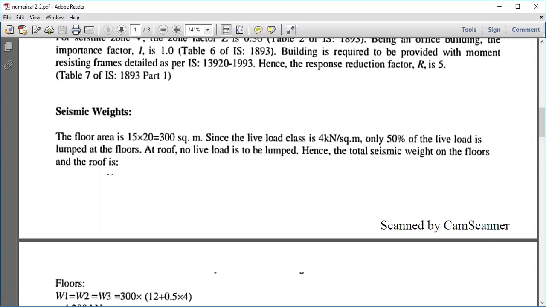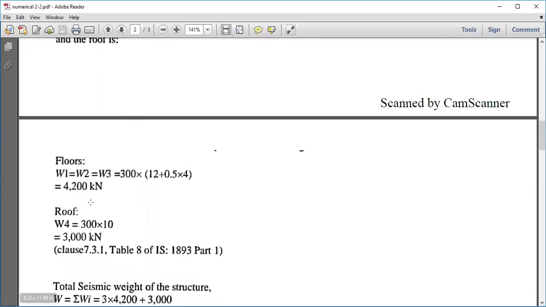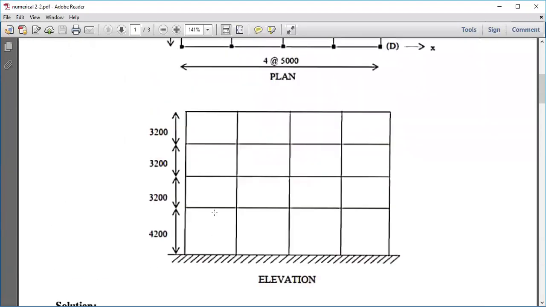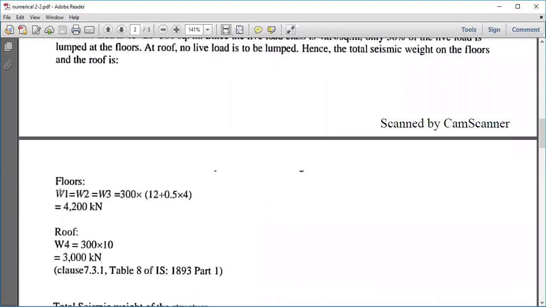And the total seismic weight of the floors is calculated as follows. So at each floor level, how many floors are there? 1, 2, 3, and roof. So W1, W2, W3, that is 1, 2, 3 floors. The total area is 15 into 20, 300 meters square, and 12 kilonewton per meter square is given in the numerical.